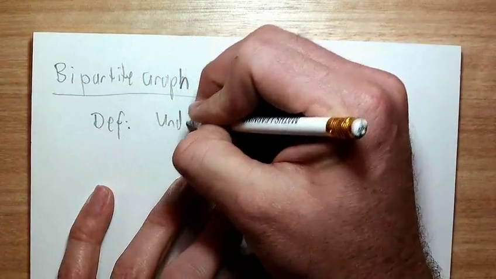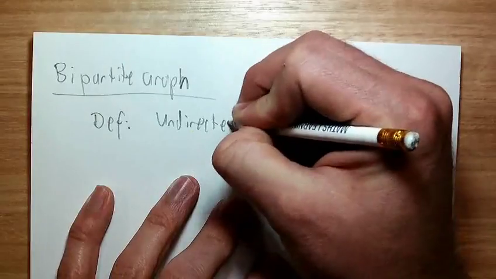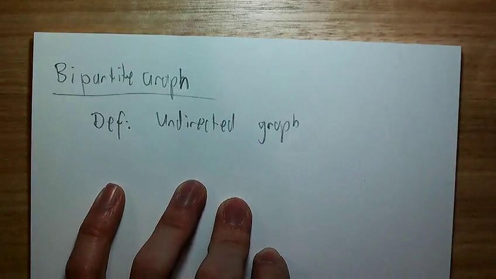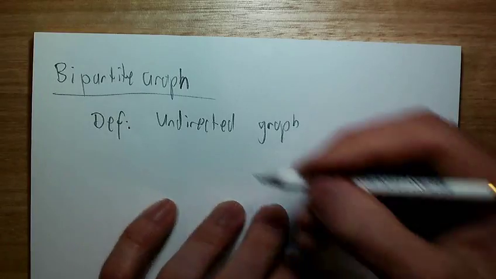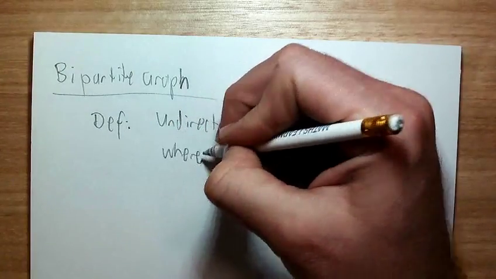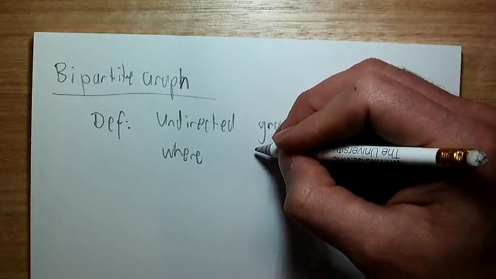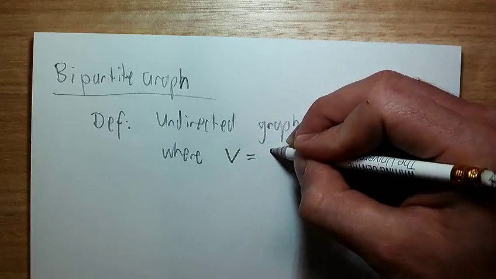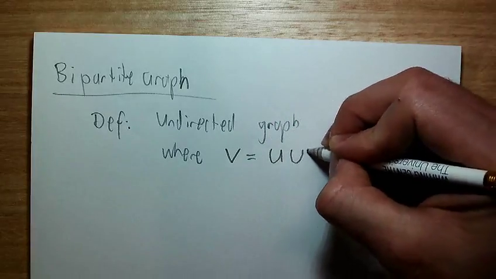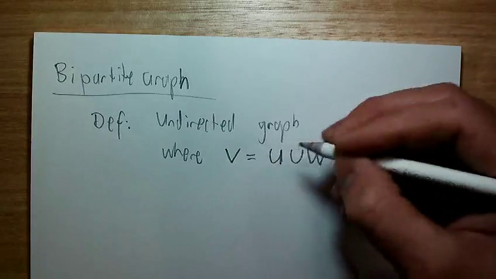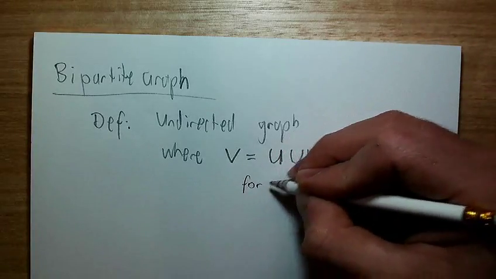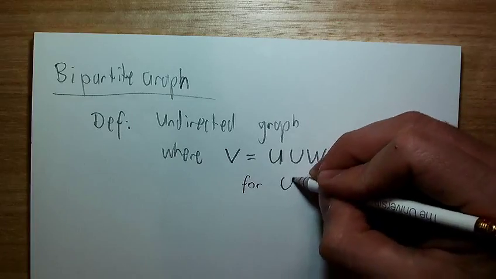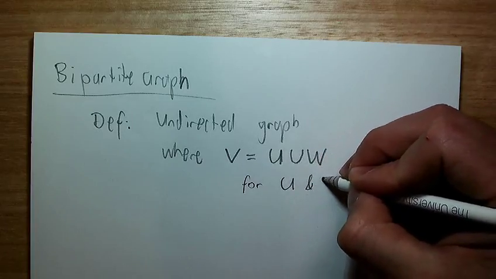Definition: an undirected graph such that the vertices is made of 2 subsets, U and V.